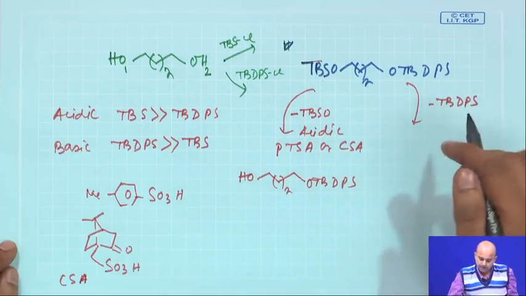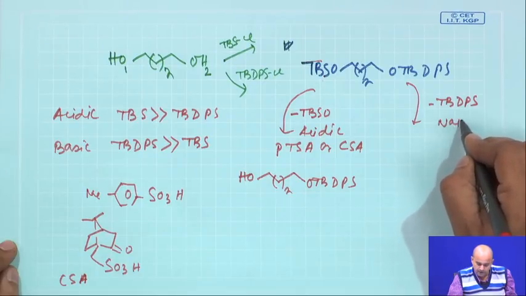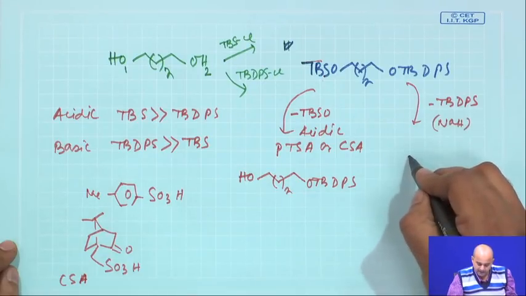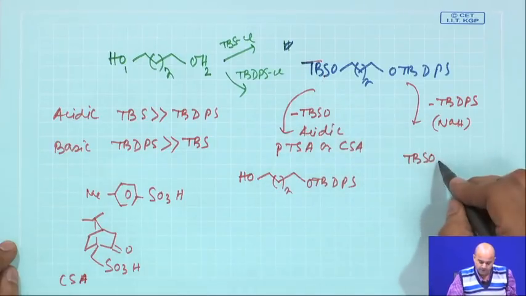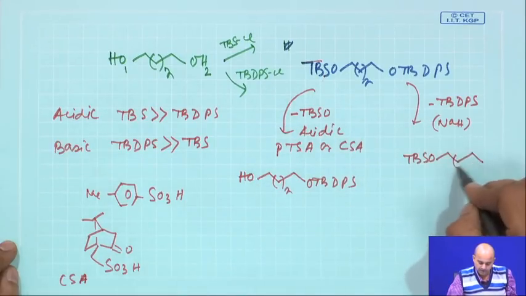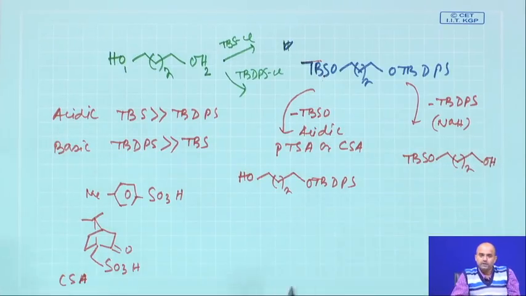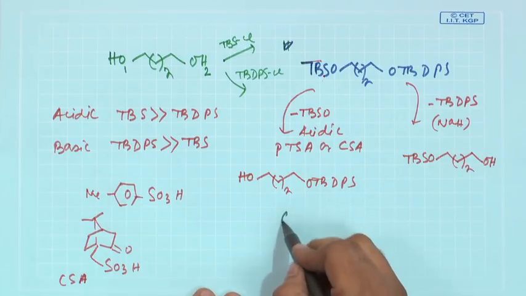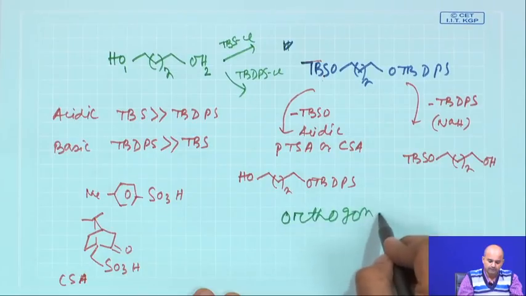Here you can remove the TBDPS by simply treating with sodium hydride, which is a base, and this condition will not touch the TBS part and will give you this OH. This is a very nice demonstration of the orthogonality of these two protecting groups.